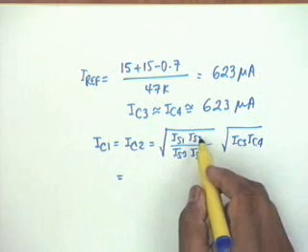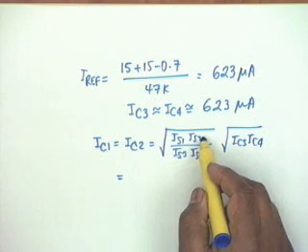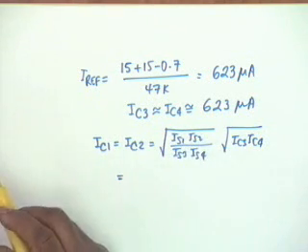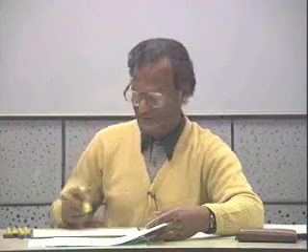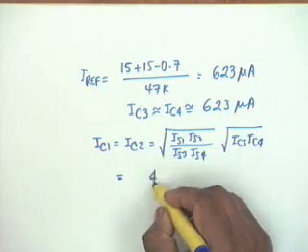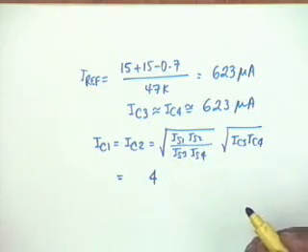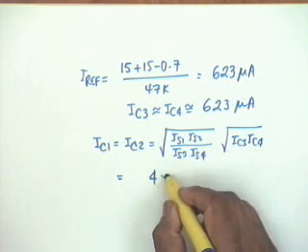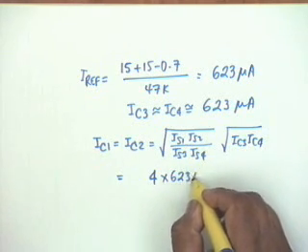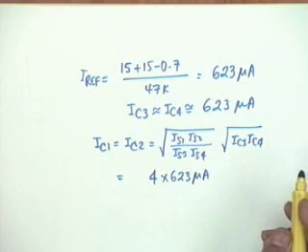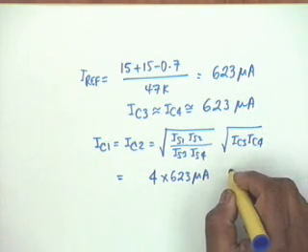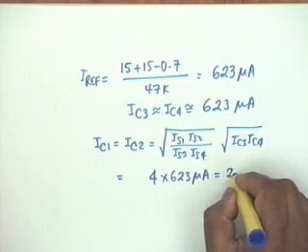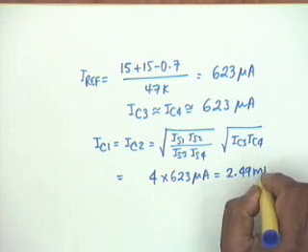And since the transistors Q1 and Q2 have 4 times the emitter junction area, this square root shall be simply equal to 4. Agreed? 4, and this would be 623 microampere, because we have assumed them to be equal, and this calculates out as 2.49 milliampere.